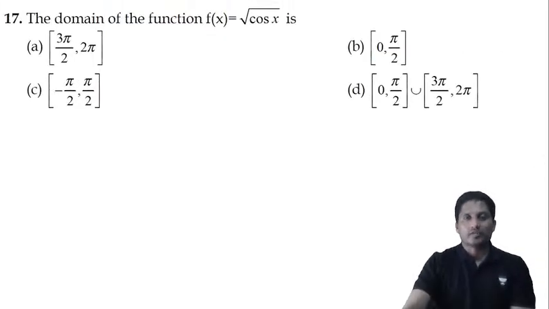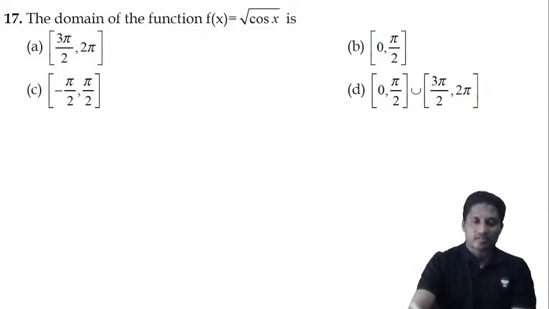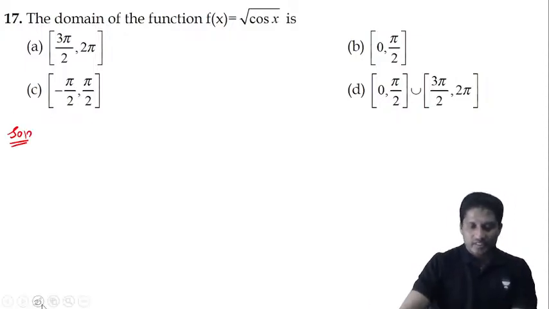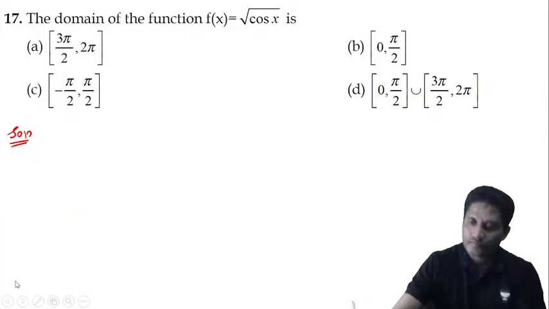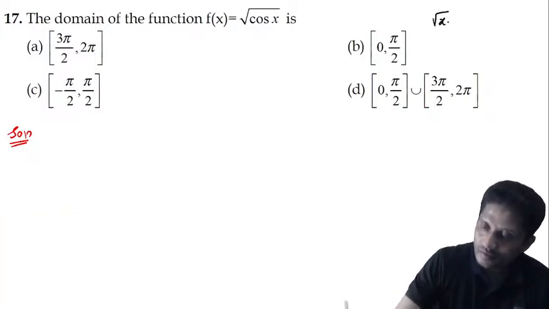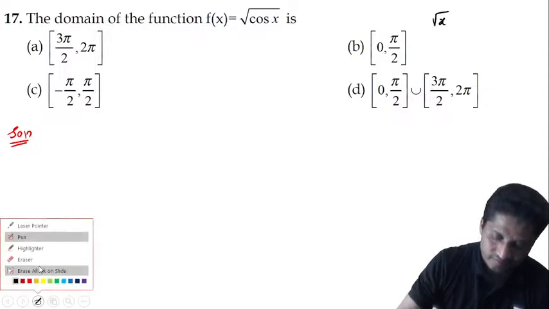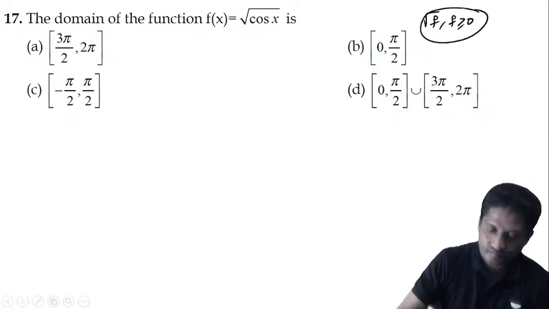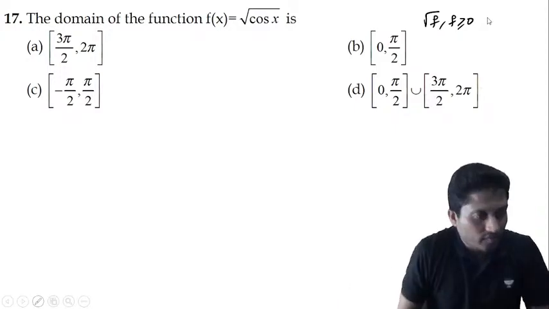Let's move to the next question. What should be the domain of f of x is equal to root cos x? When is a root defined, guys? Root f is defined only when f is greater than or equal to 0.